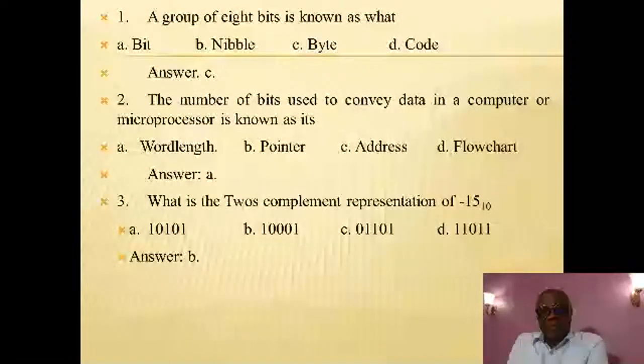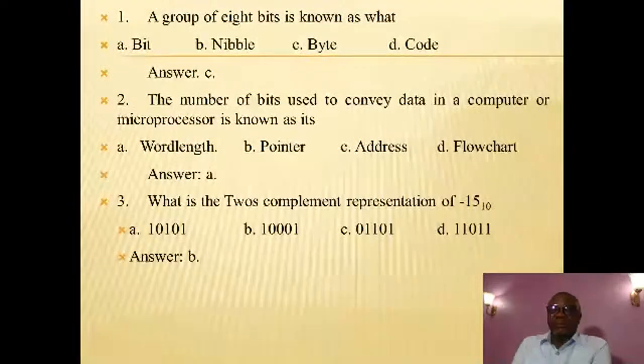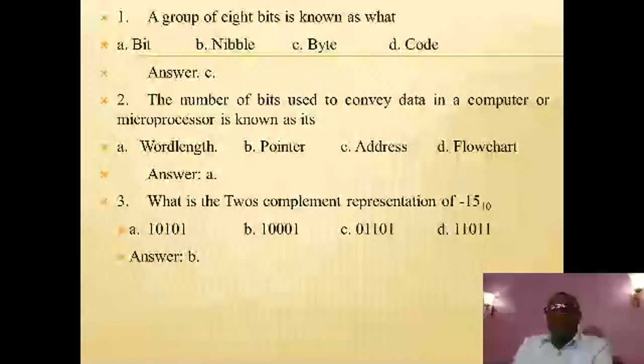When you are looking for the 2's complement representation of any number, you get the positive of that number in base 2, which is 1111, because it is minus 15, you append the sign.